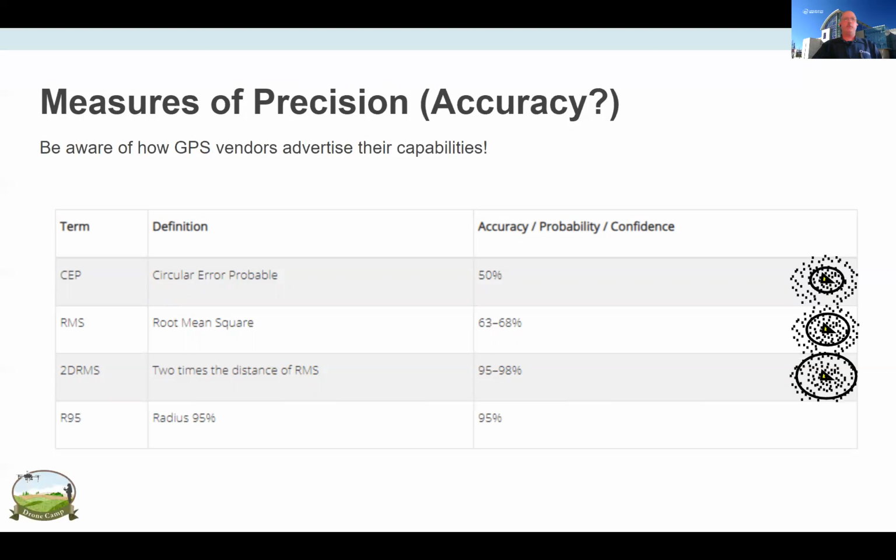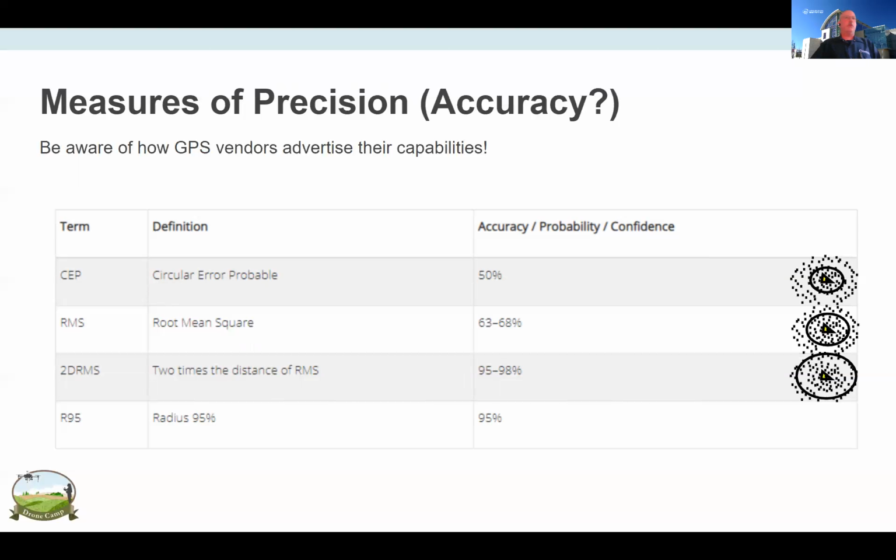What you have to be careful with is what value they're actually quoting you. There are different measures that can be applied to describing accuracy or confidence, and oftentimes vendors will use the one that is most favorable to them.